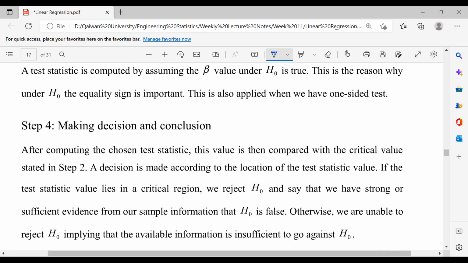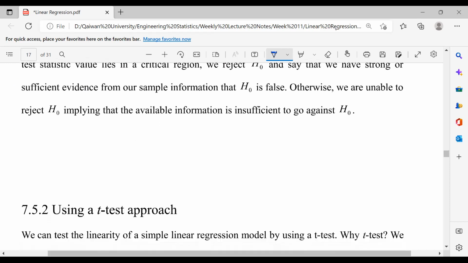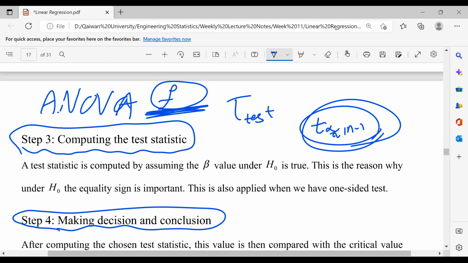Then in step 4, which is the last step, we are making the decision and conclusion. In the decision, it's either we reject H note or we fail to reject H note. We have only these options. So we have only these 4 steps.